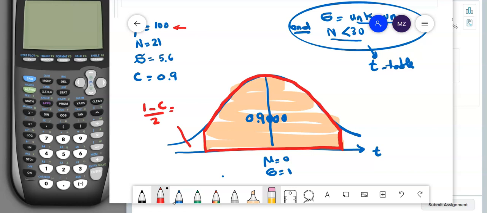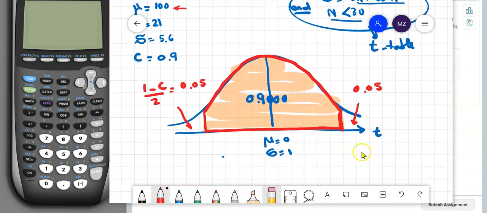And this is going to be 1 minus 0.90 divided by 2, which is 0.05 here. And this one is going to be the same, 0.05. The total area is 1. So now, what I need to define is basically in the t values. So if I have to switch right now to the x values, x bars, all right?